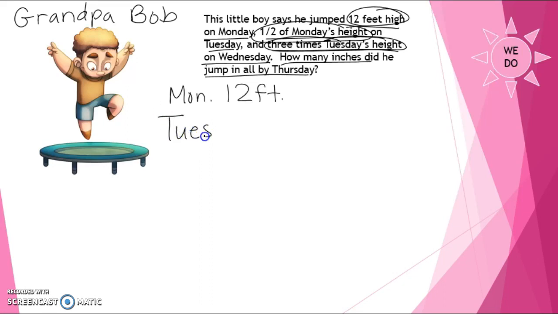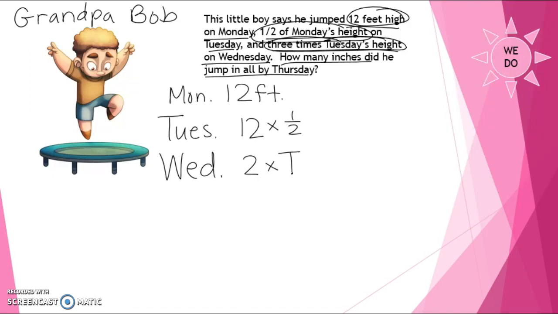Tuesday, he jumped half of Monday's height. So 12 was Monday's height, but we're talking about half of it, so it would be 12 times 1/2. And then Wednesday, he jumped 2 times Tuesday's height.